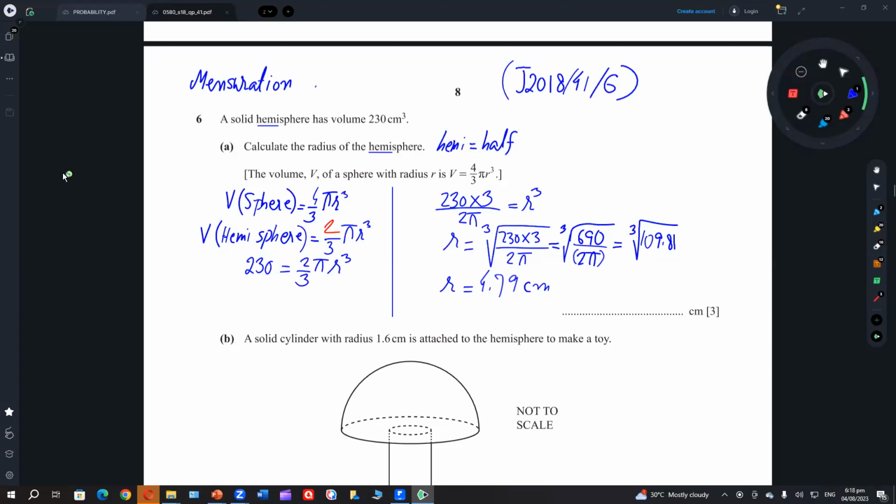What do you get when you divide by 2 pi? Can you share with me your screen once you are doing the calculation? Okay, I can show you.